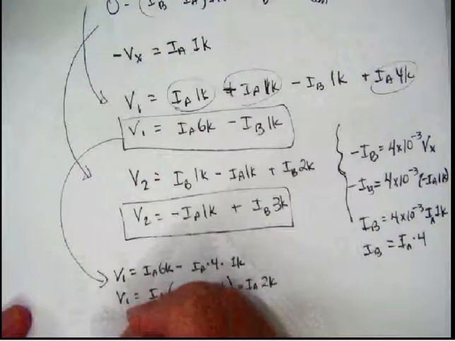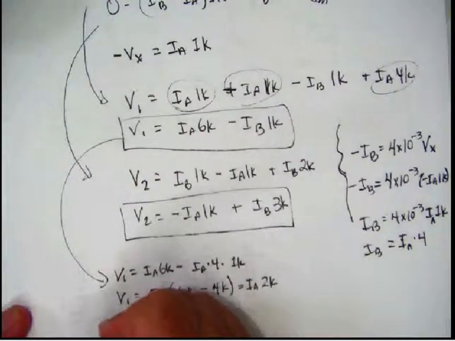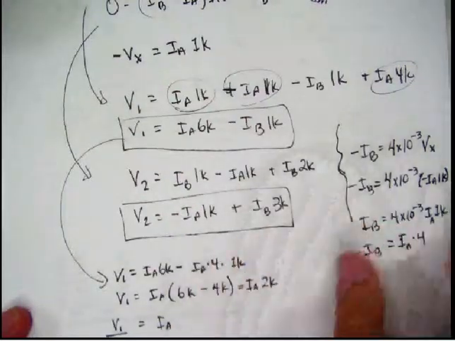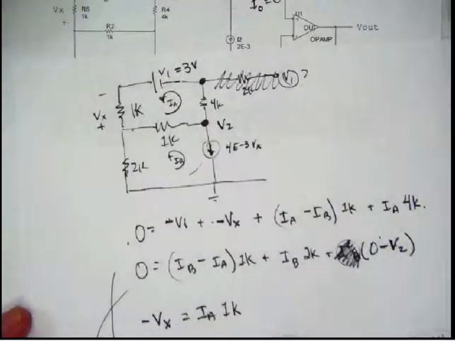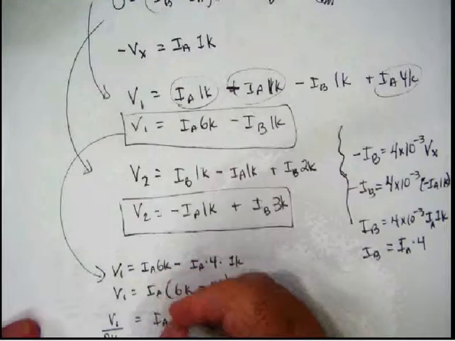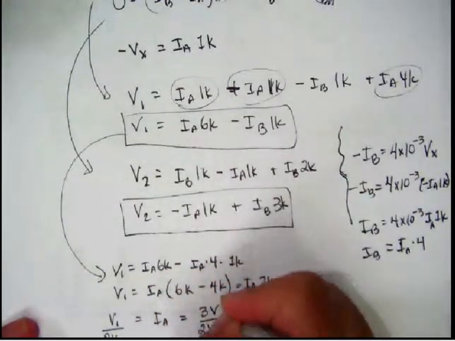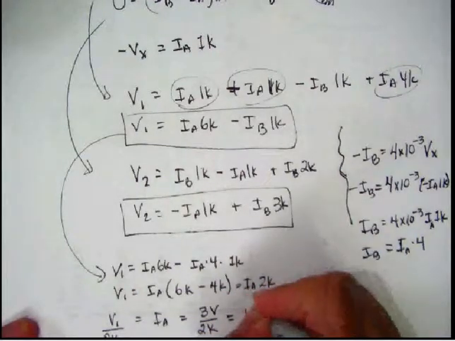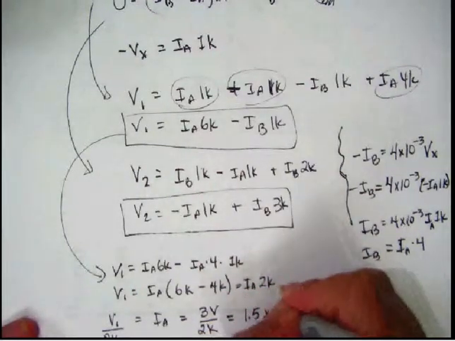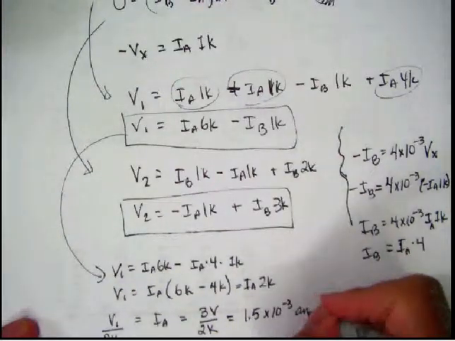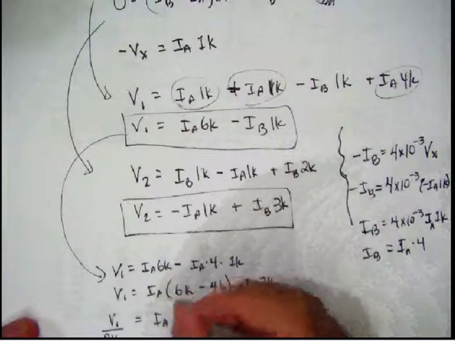So IA is equal to V1 over 2K. V1 is 3 volts if you look back at our original diagram. So 3 over 2K, which is equal to 1.5 times 10 to the minus 3 amps for IA.